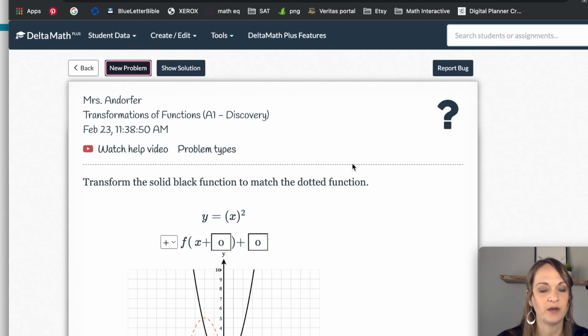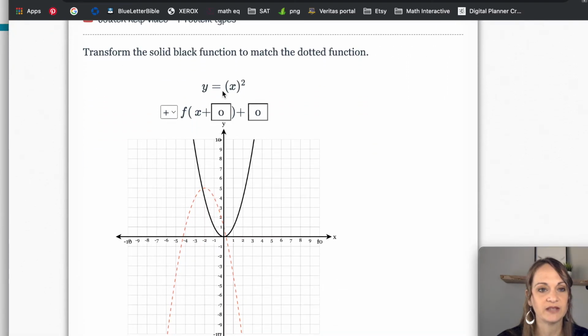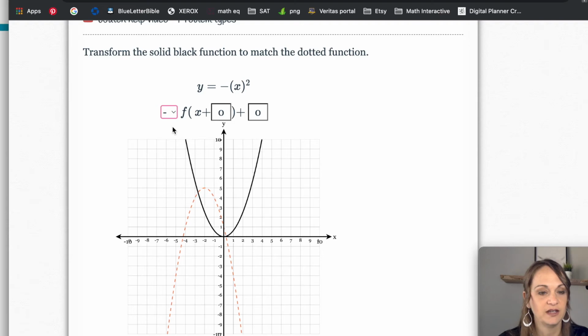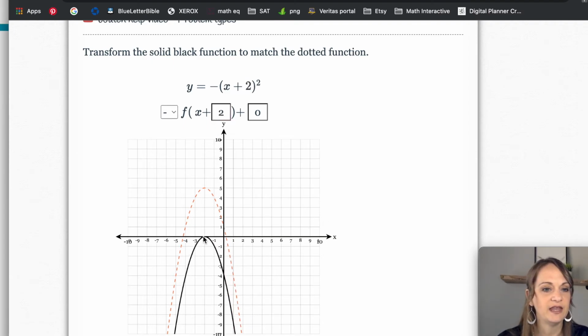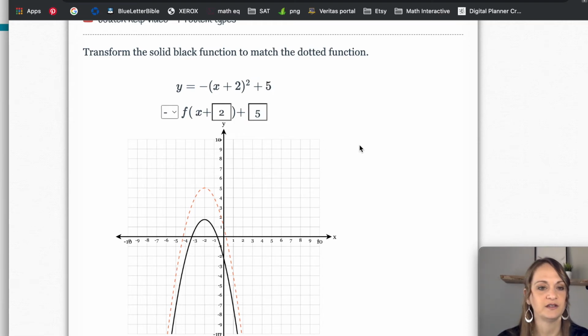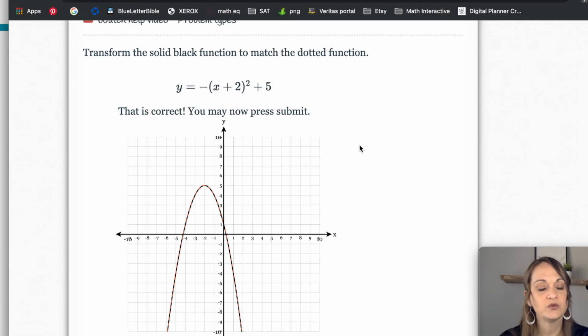So if we do a new problem, again, we have an x squared, but we notice a couple of things happen. One, we notice that it reflected, so it is negative. And then we also know that it moved left 2. Since it went to the left, it should be a positive 2. And then it went up 5, which does give you its transformation.